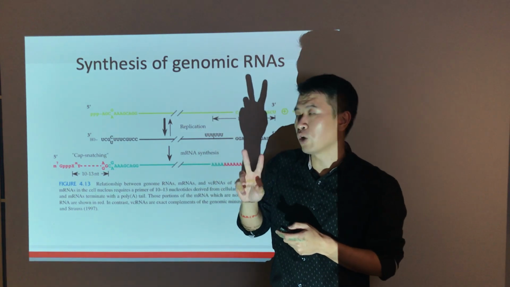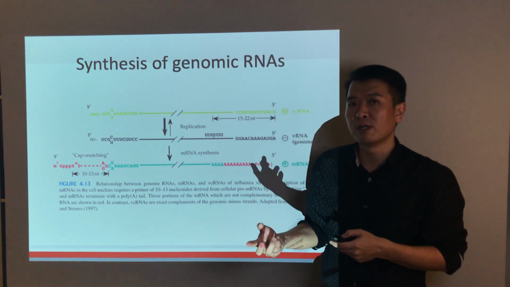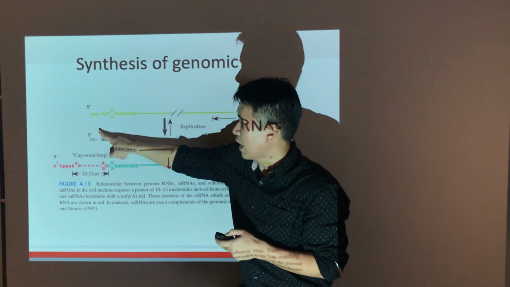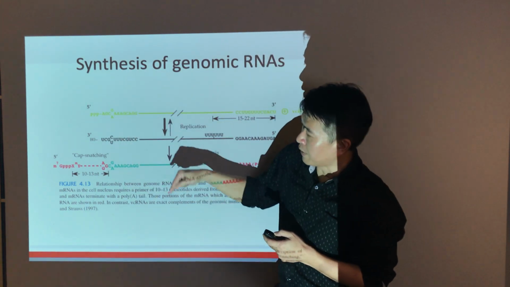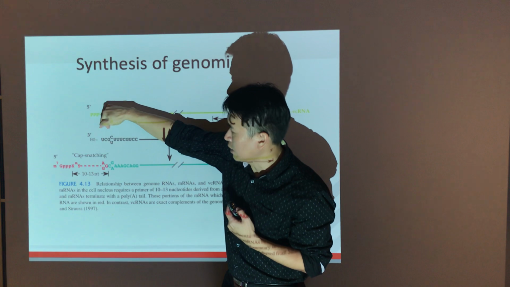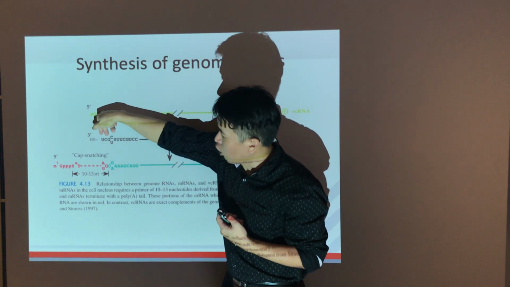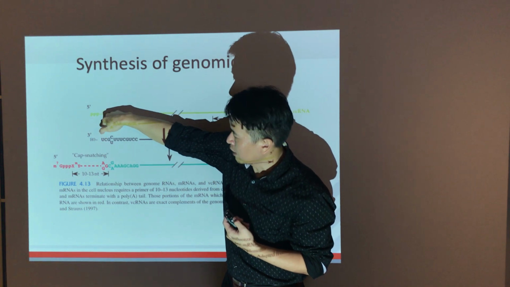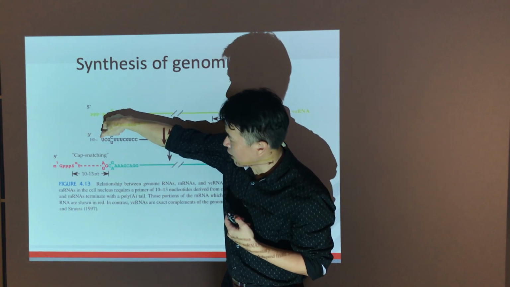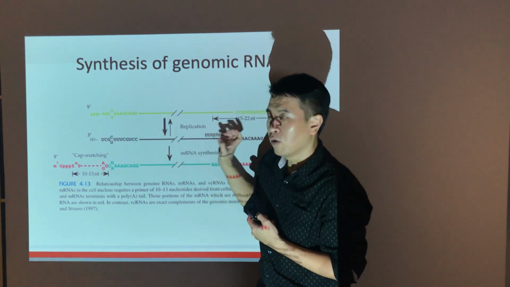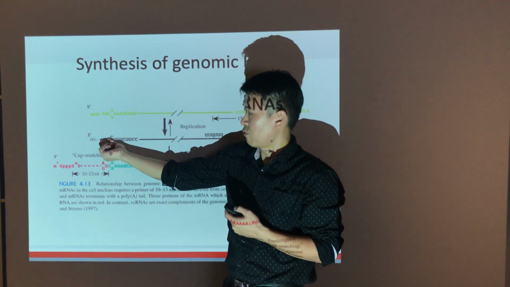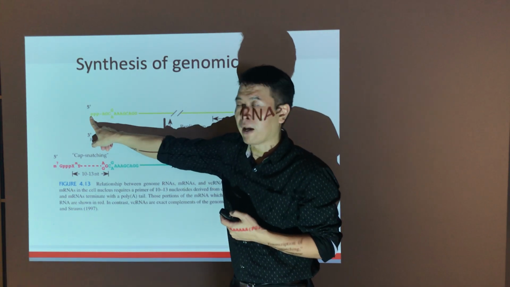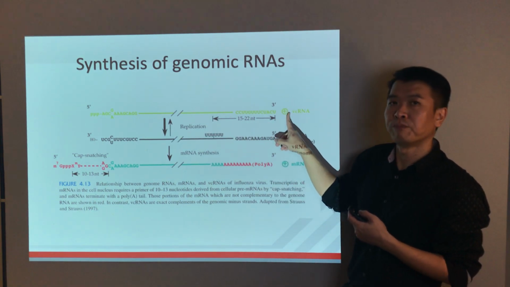So the two nucleotides that are important and serve as a primer for the replication of the virus are A and G. So what happens now is the A and G dinucleotide inside the nucleus will bind to U and C, because they are complementary to U and C. A and G serve as a primer, and now the polymerase will start synthesizing from the beginning all the way until the end to produce a positive strand RNA.